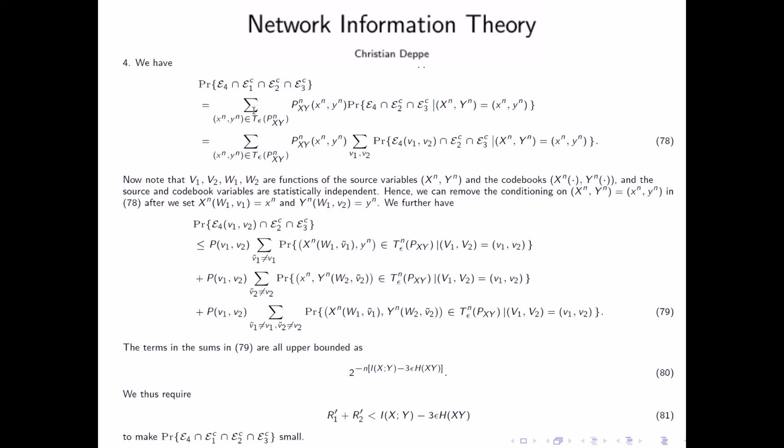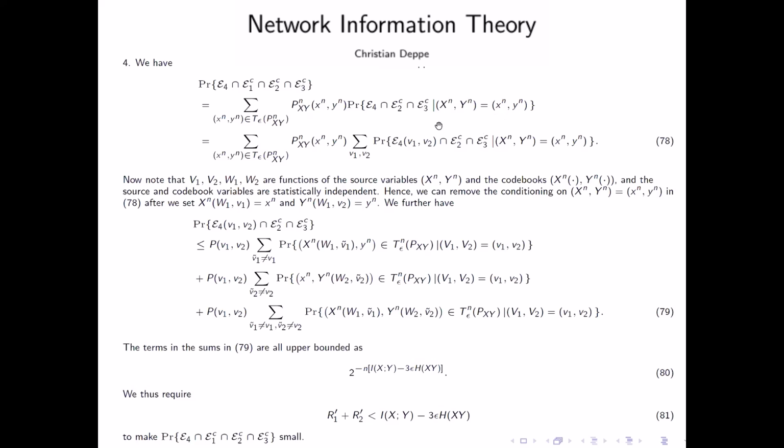So we can write this because event E1 means that we just consider jointly typical sequences emitted by the source. We assume that the sequences emitted by the source are jointly typical, so we can sum over all jointly typical sequences and look at these probabilities under the condition that the random variables Xn, Yn are equal to xn, yn.